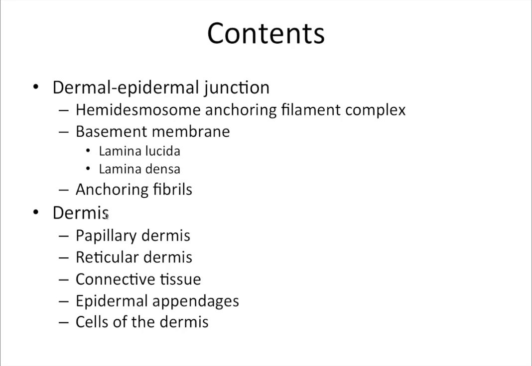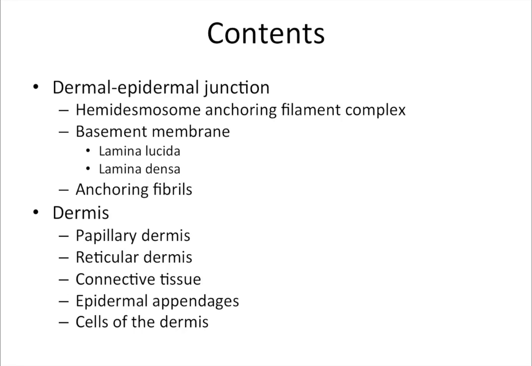The dermis is primarily composed of two distinct morphological components. One is known as the papillary dermis, which is the part of the dermis that is closest to the dermal-epidermal junction. And then we have the reticular dermis, which is the deepest part of the dermis.